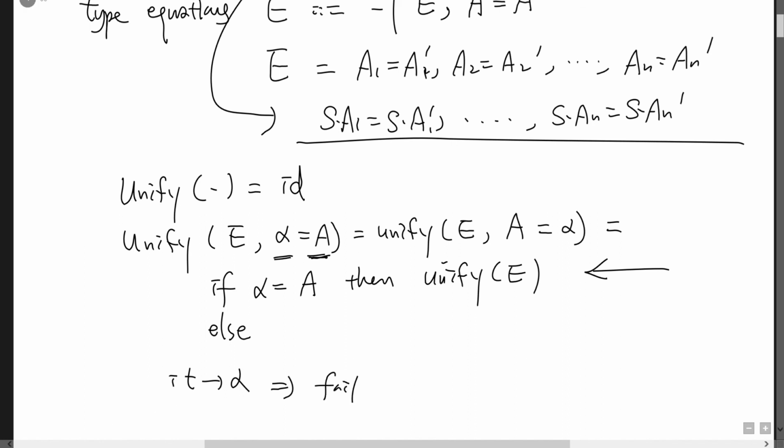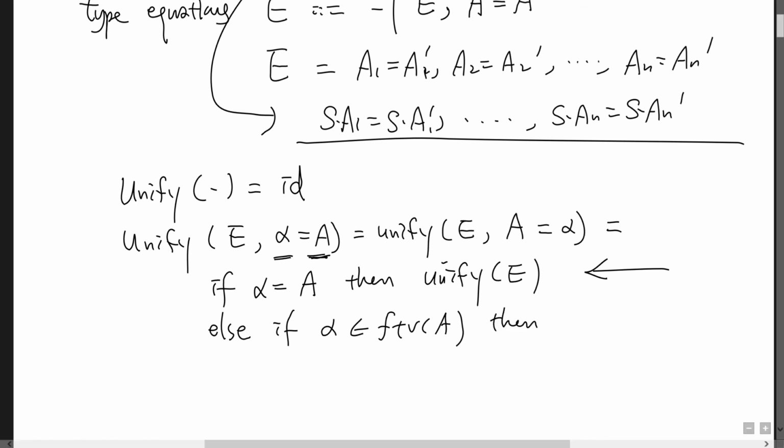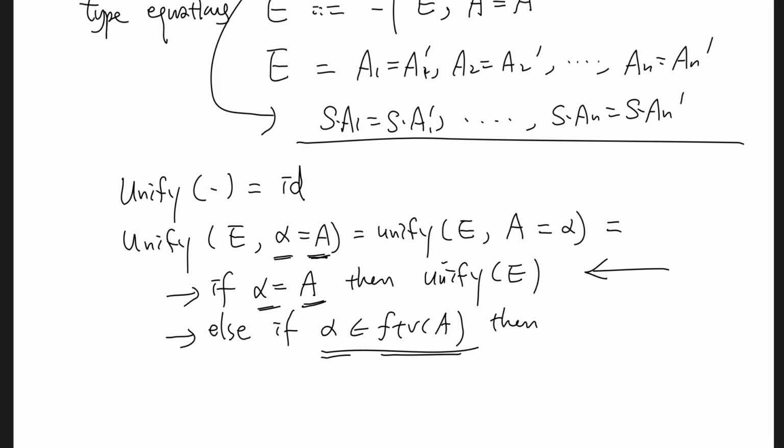The way that we test if this is the case is, we check if alpha is actually a free type variable in A. First, A is not equal to alpha because we have moved on from the first case. If alpha is found in type A, that means that A is strictly larger than type variable alpha. So there's no way to unify. So we just report fail.